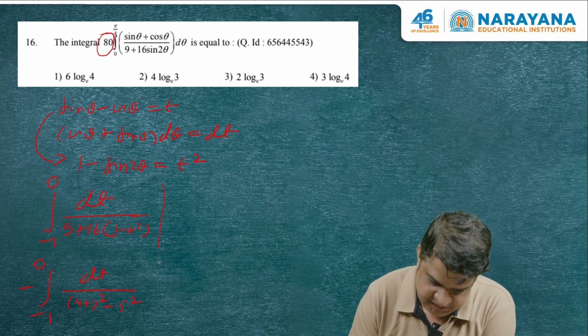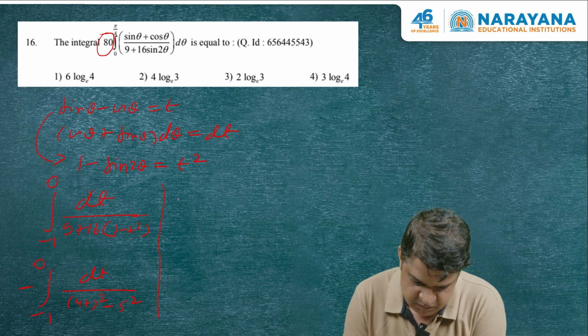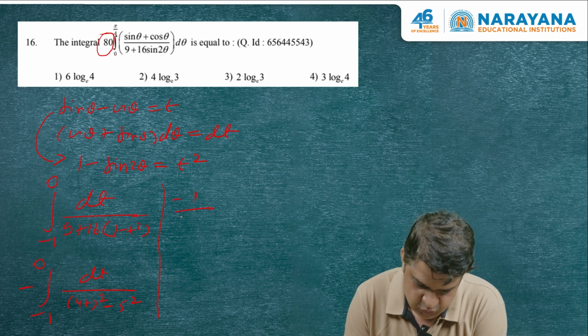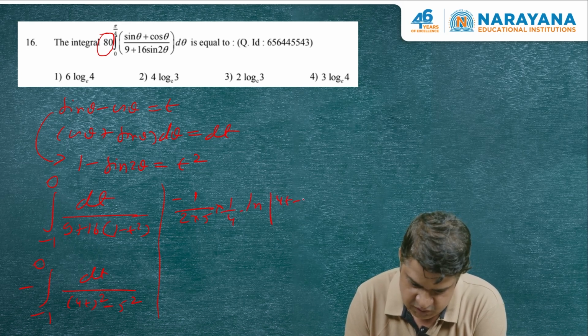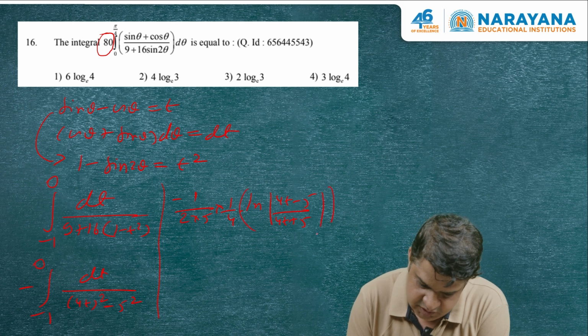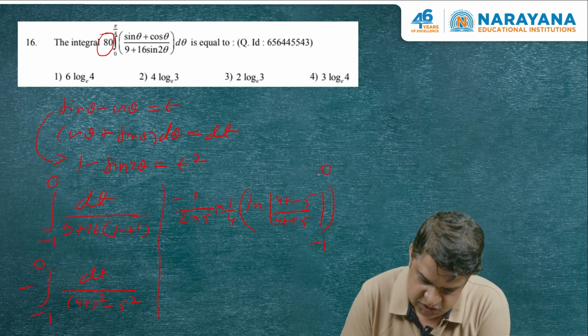So, if we integrate it, it will become minus 1 by 2a, so 2 into 5, divided by 4, 1 by 4. Now, ln of (4t minus 5) by (4t plus 5), where limit is minus 1 to 0.